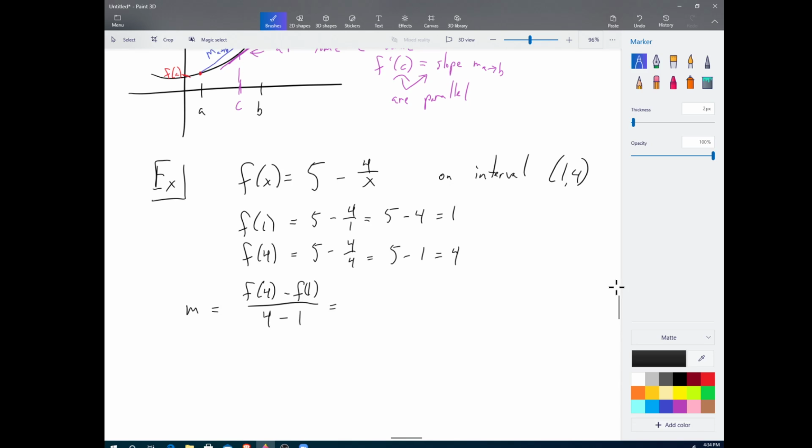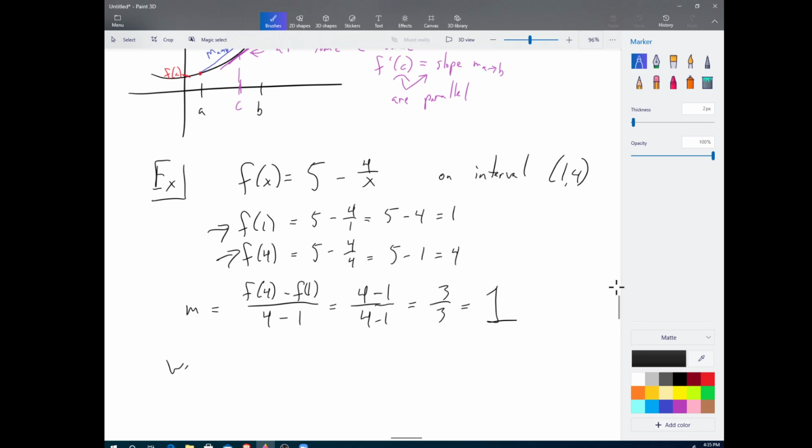So let's see. F of 4 gave me 4. F of 1 gave me 1. And then over the bottom here, so I get 3 on top, 3 on bottom. I get 1 out. Now what it's wanting us to do is we want to find the place where our C value exists.